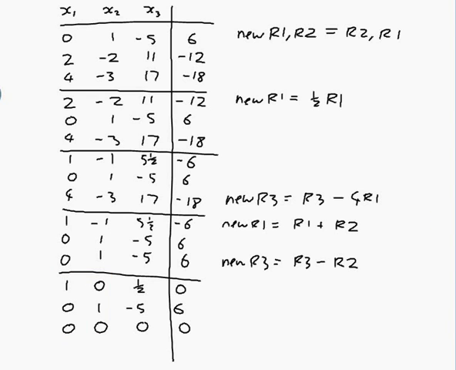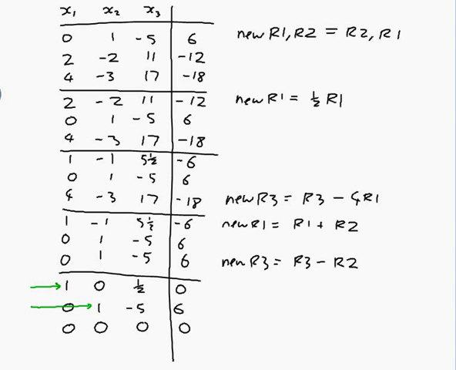And let's just check that it's in reduced row echelon form. For reduced row echelon form, the first entry in every row ought to be a 1. The first non-zero entry. So in the first row, yep, first entry is a 1. In the second row, yes, first entry is a 1.